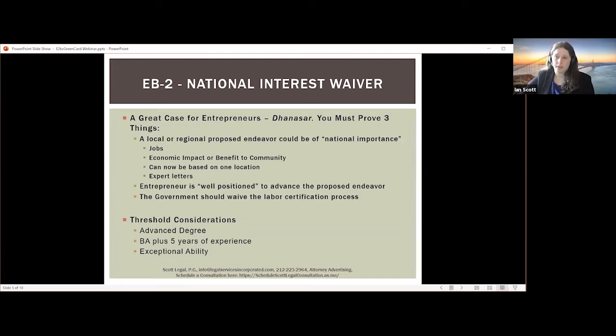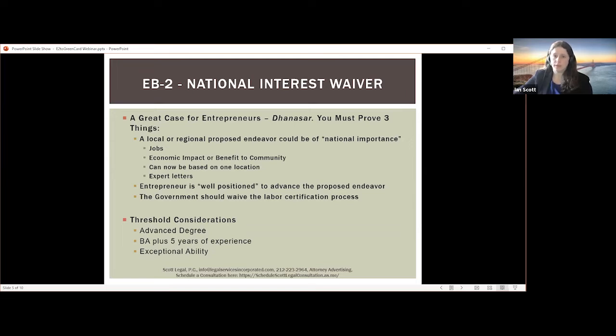You can look at the economic benefit and impact to a community in a more local or regional space. So it can now be based on this one location as opposed to having to show nationwide. Even if something is not impacting nationwide, it can still have national importance. So that was a very important distinction.